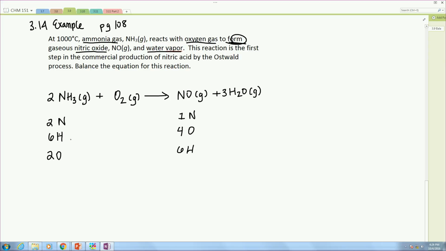So our hydrogens are good, so we can mark those out. So now we need to look at oxygen and nitrogen. So here we have 2 nitrogen, so we need 2 nitrogen over here. So if we put a 2 in front of the nitric oxide, then we get 2 nitrogen on the right side, and then our number of oxygens goes up to 5.